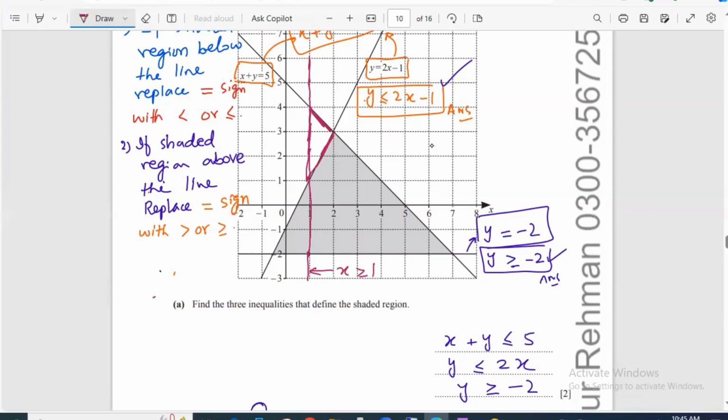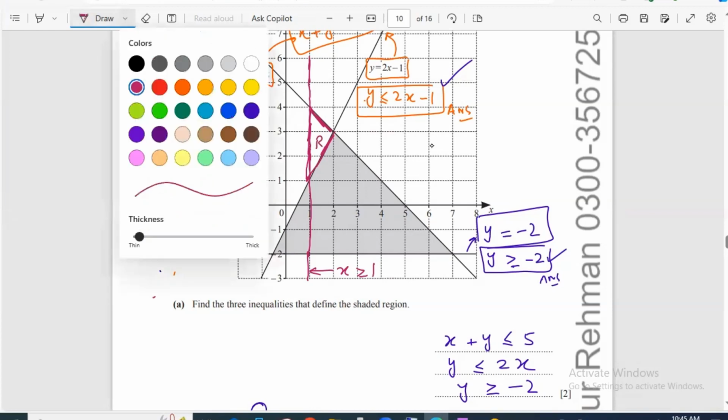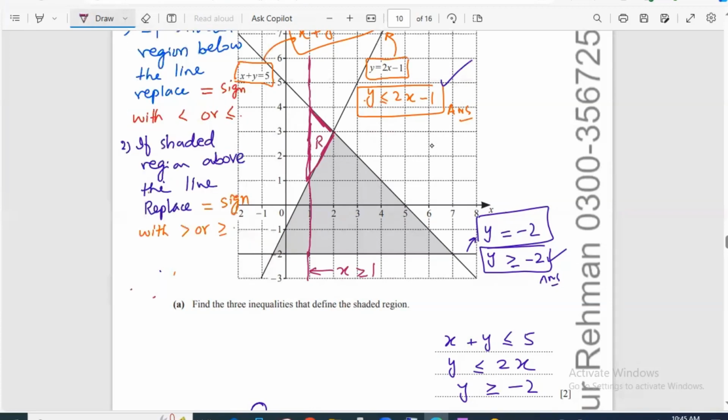The region R is basically a triangle, and this triangle has a base of 3 and a height of h equals 1.